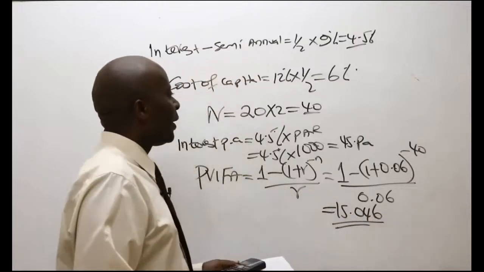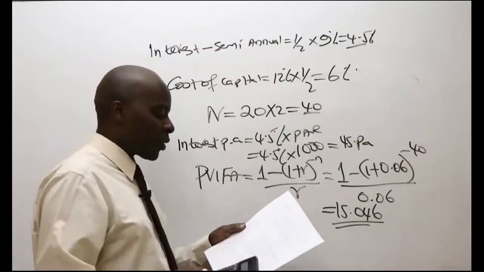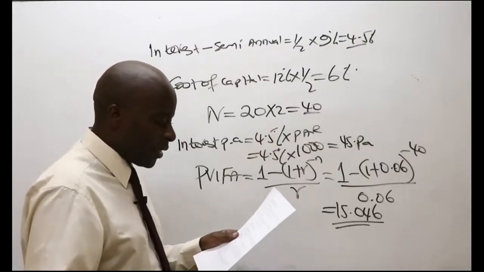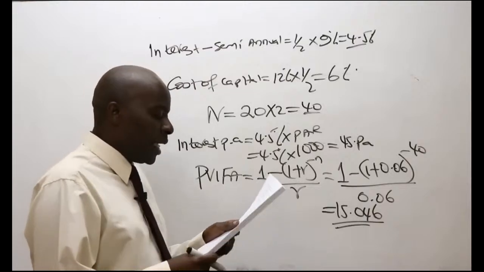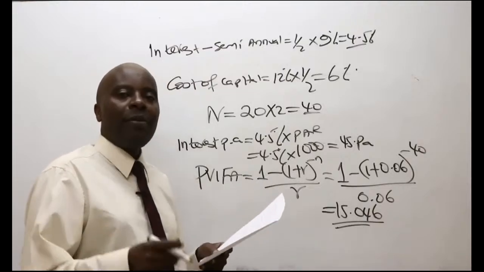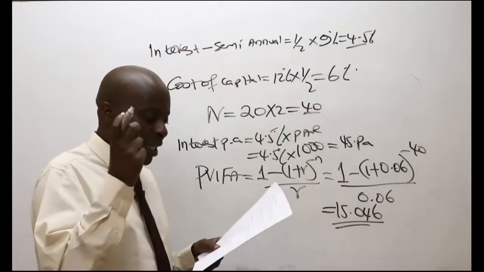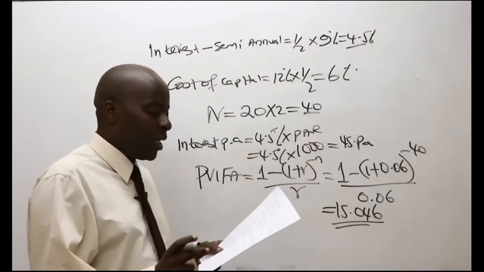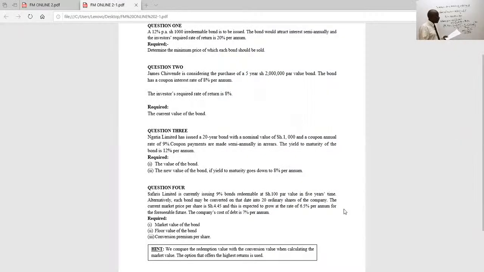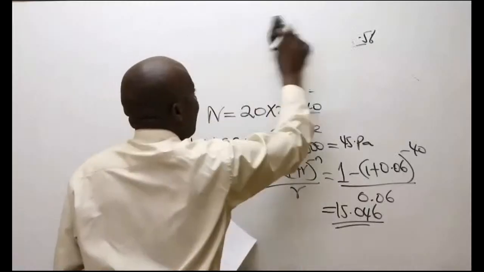The other thing that I know for sure here, ladies and gentlemen, is that there is what we call the redemption value, because they have given us the maturity period, which is 20. So there is a redemption value. What do we have here?